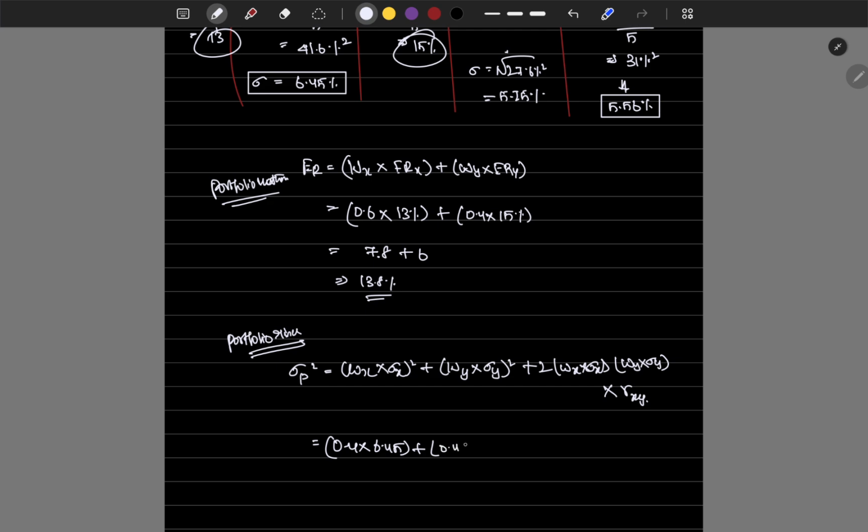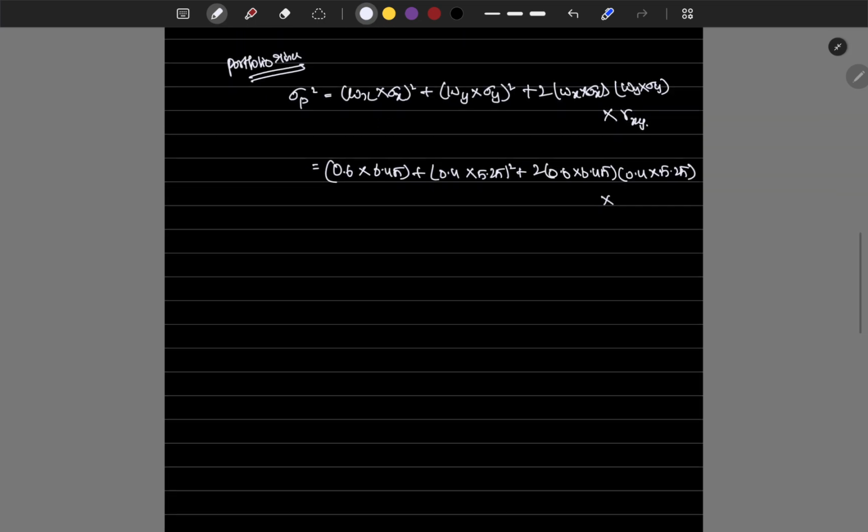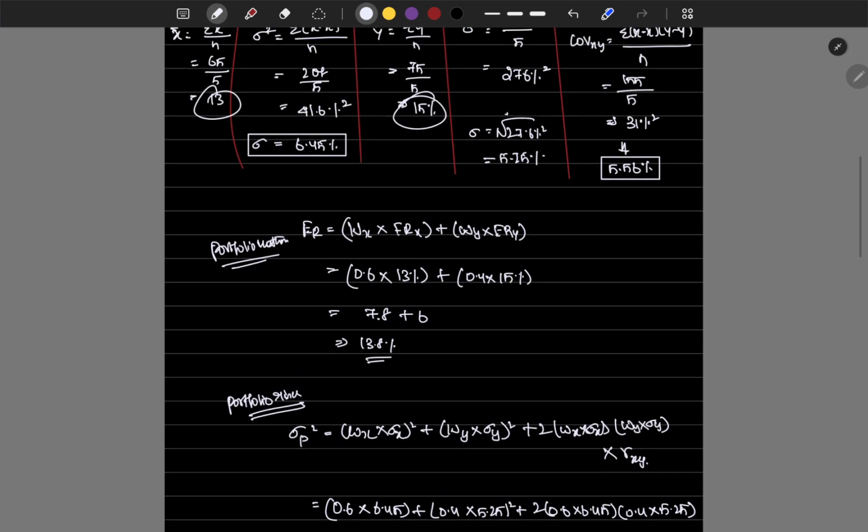Sorry, weight of x is 0.6, weight of y is 0.4, risk of y is 5.25, the whole square, plus 2 into 0.6 into 6.45 into 0.4 into 5.25 into r xy. We have to find out the correlation of xy. How to calculate the correlation of xy? We'll prepare here.